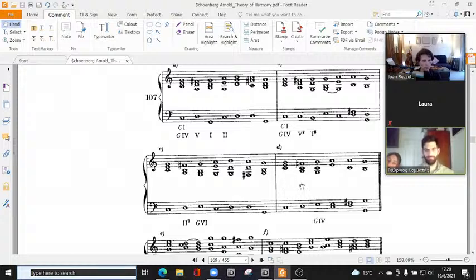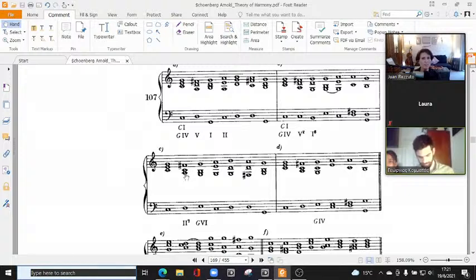Then he introduces the 5th of the new key as a secondary dominant, as we're going to see, but don't worry. Then it resolves. Which type of cadence is it?